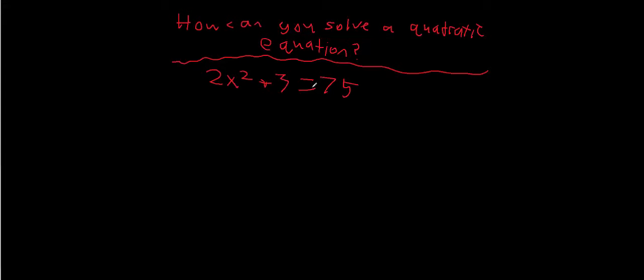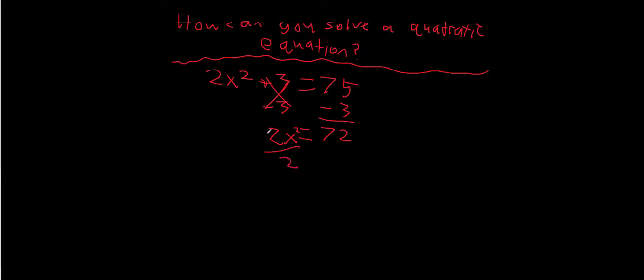What you would have to do, like I said, is simplify the equation down to where it says x squared equals y. To do that, you would subtract 3 from both sides to get 72, and then you would get 2x squared equals 72.